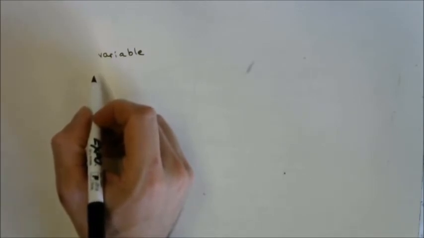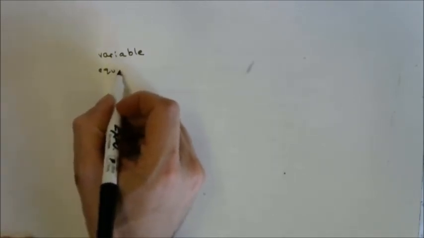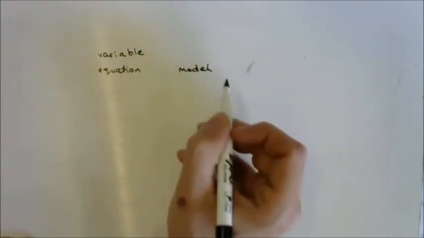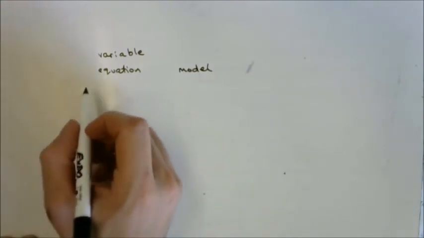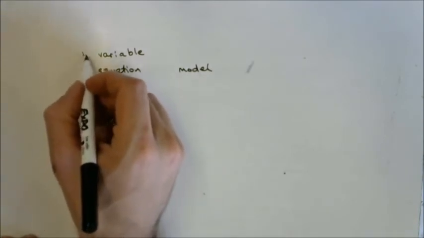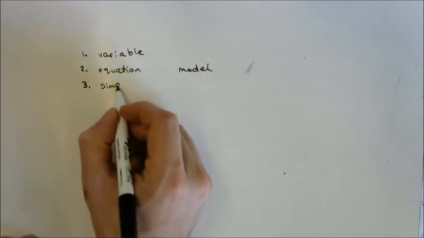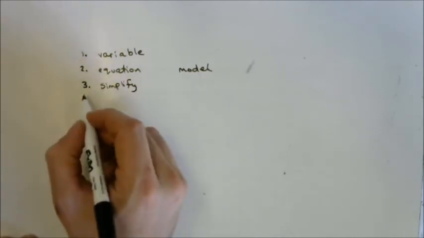Then you are going to write an equation to model the situation. Then, well, we're not quite at solving. If you can, you want to simplify it. So do whatever you can to simplify first.